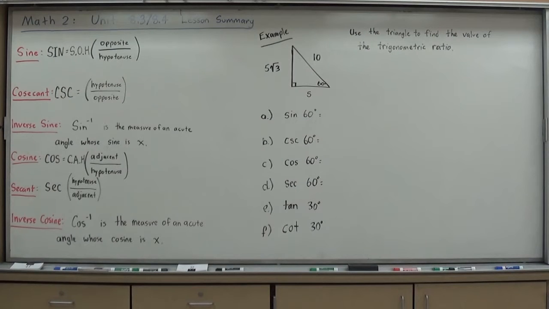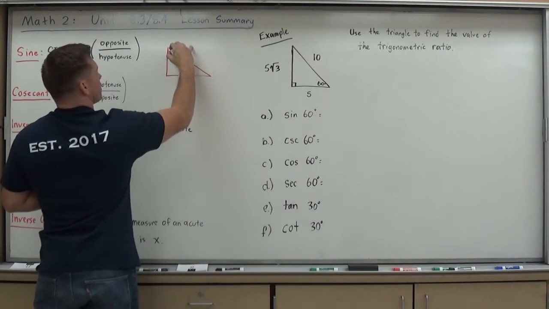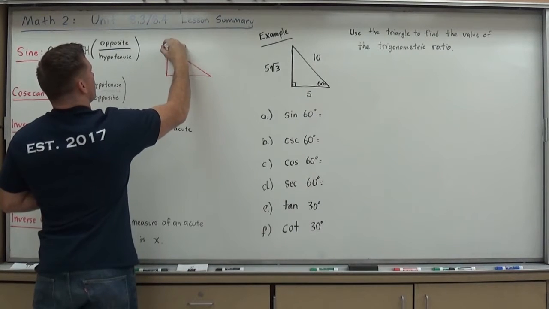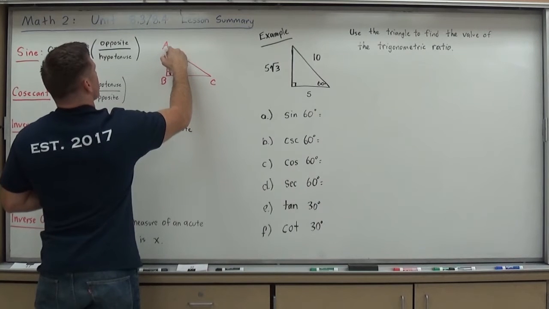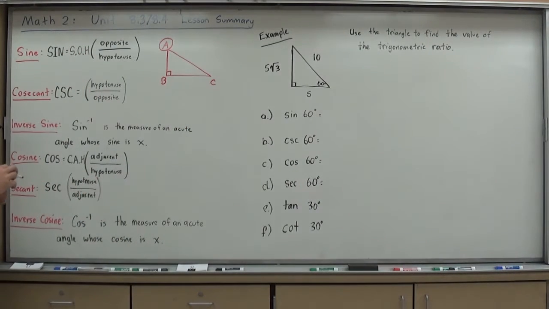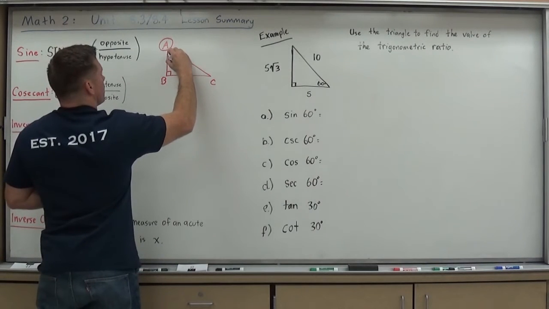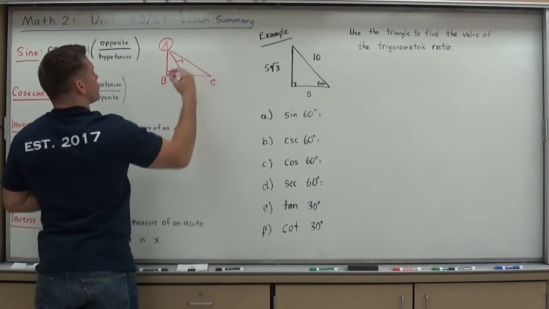So let's kind of bring this all together. That's a lot of info. If I had a triangle, let's call it ABC, and it is a right triangle, and let's use A as my reference angle. The sine of it would be opposite over hypotenuse.